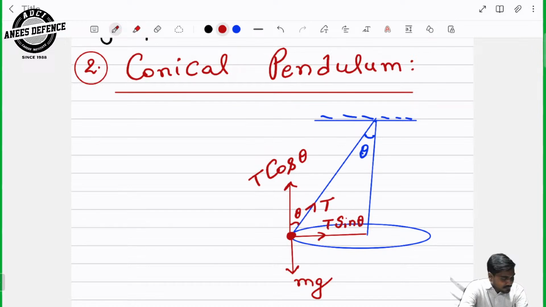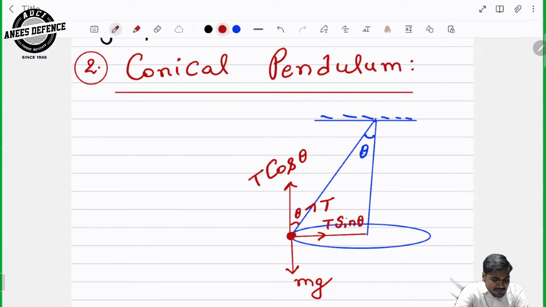The component of tension T cos theta is balancing mg, and T sin theta is acting towards the center. So T sin theta is nothing but the centripetal force.